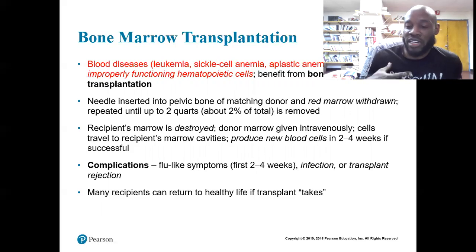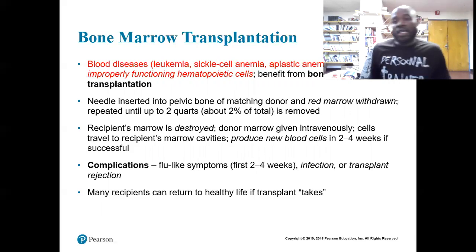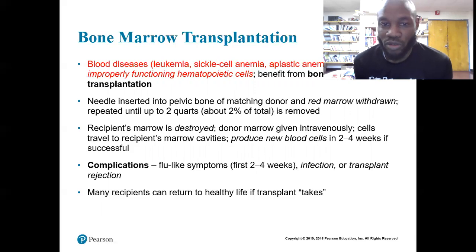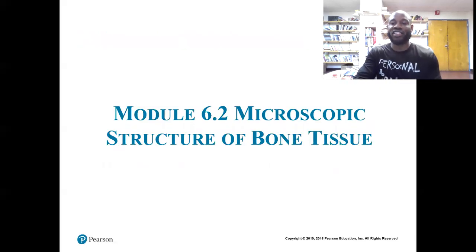They put it in your body and it travels to your bones and gives you healthy red bone marrow so that your body can make red blood cells. Obviously, killing off your bone marrow is not a good thing to do, considering that's where you produce your red blood cells. So you're going to need some blood transfusions. It can be very problematic, but it could save your life. And that is the end of section 6.1.